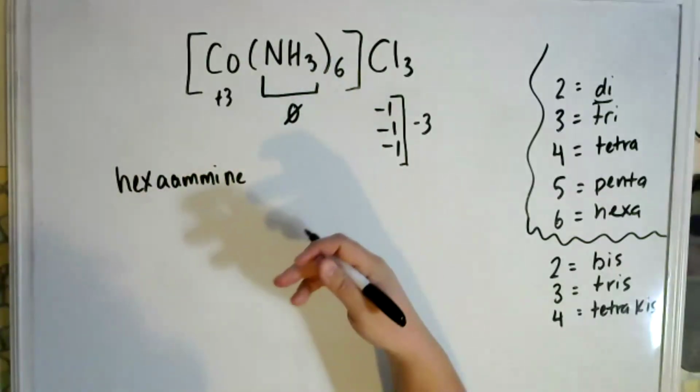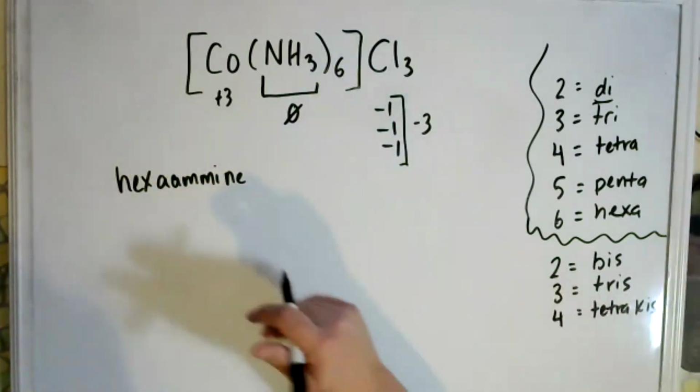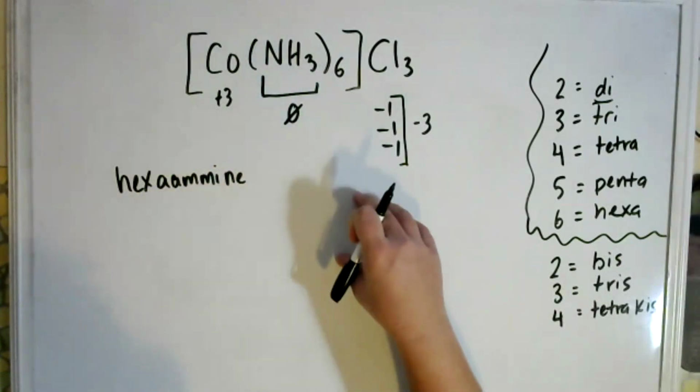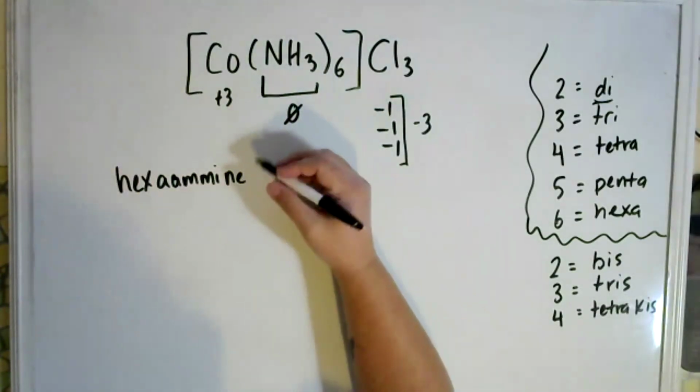We're just going to write the name of the metal and then write the oxidation state after it, but with Roman numerals. I think I said that clear enough. We're going to write the name of the metal, and then we're going to write the oxidation state after it in parentheses in Roman numerals.